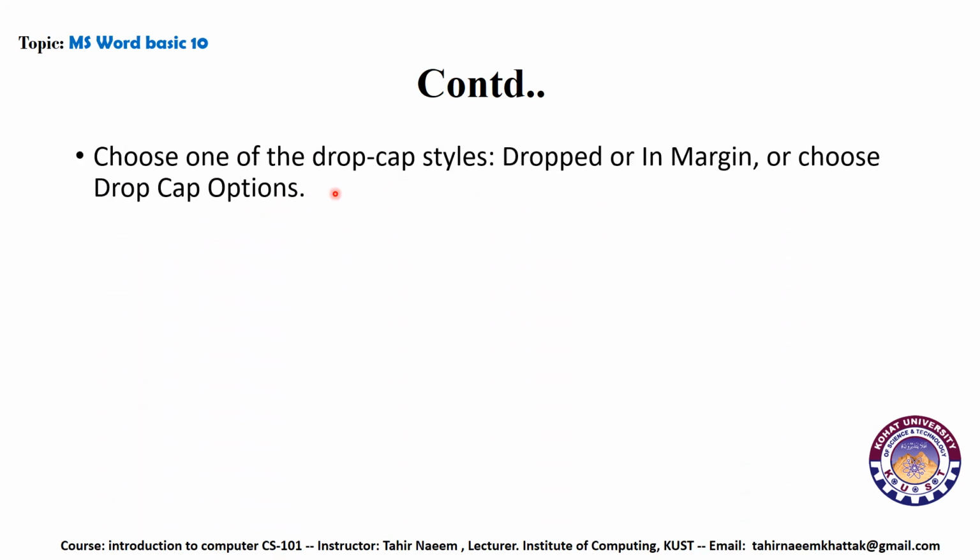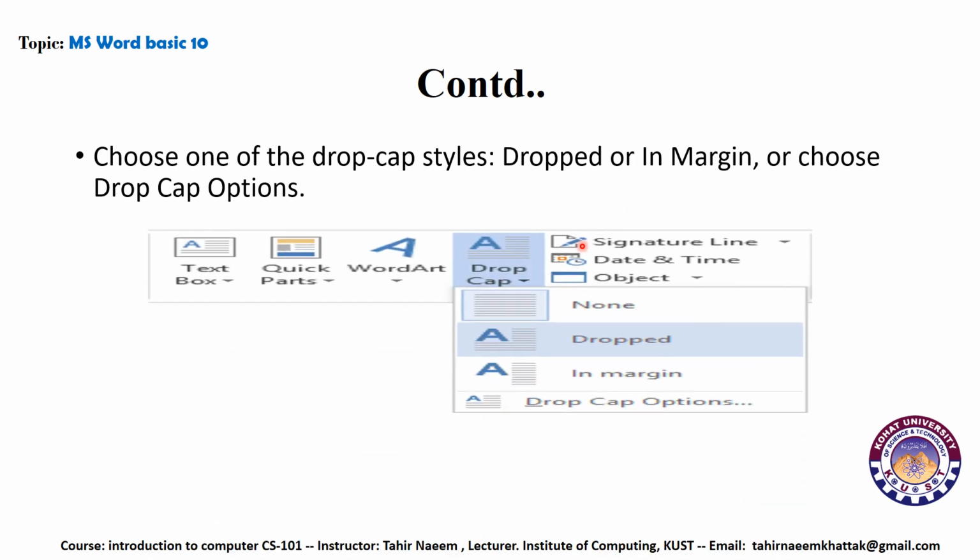There will be different options available to us, as mentioned previously, Dropped, In Margin, or Drop Cap Options. As you can see, when you click on it, the None option will appear, the Dropped option will appear, the In Margin option will appear, and Drop Cap Options will appear.